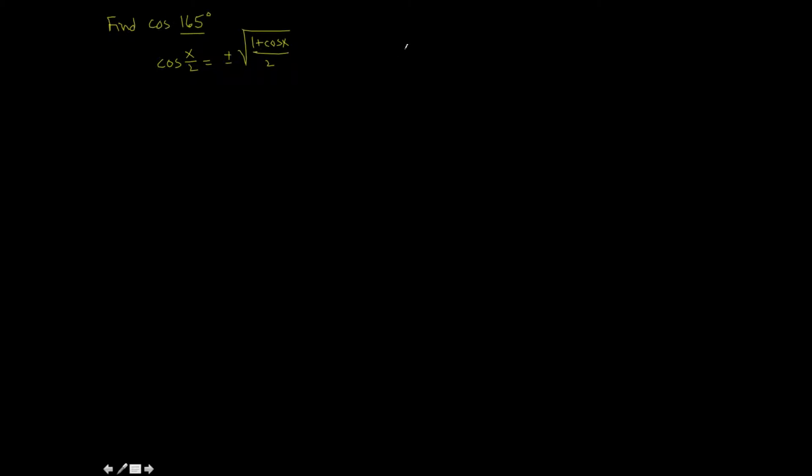So 165 has to equal x over 2. So we need to figure out what x is. Well, x is 330, right? So what I can do is I can substitute 330 in my formula here.